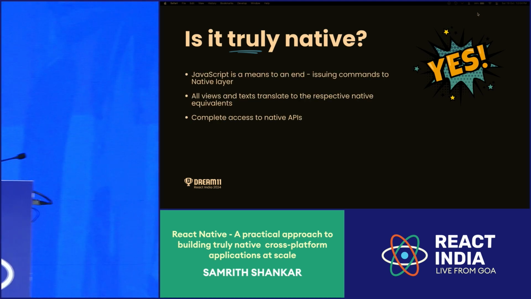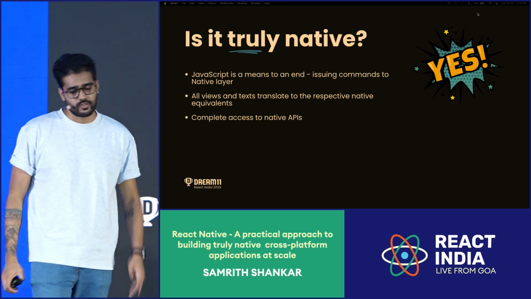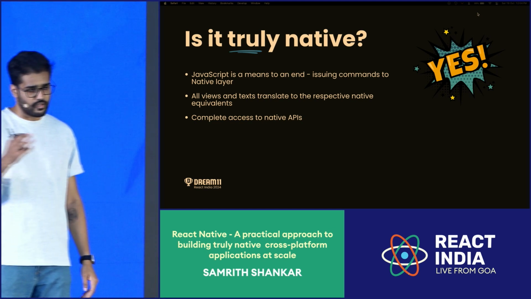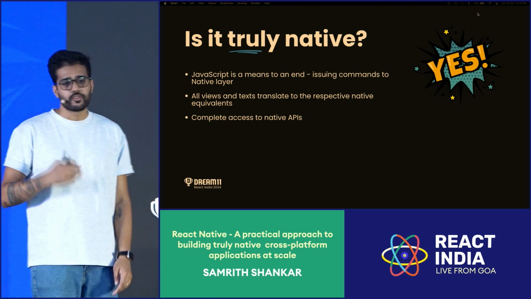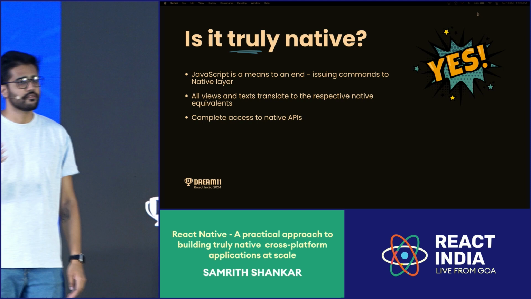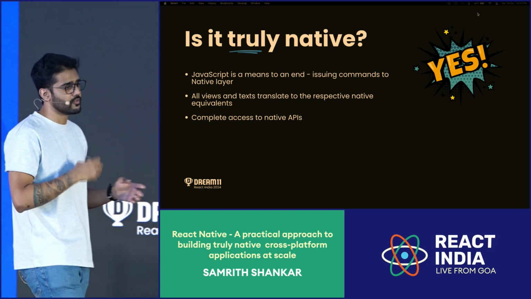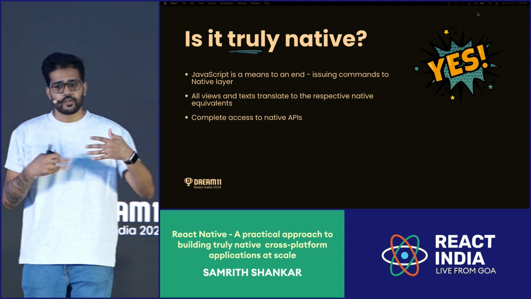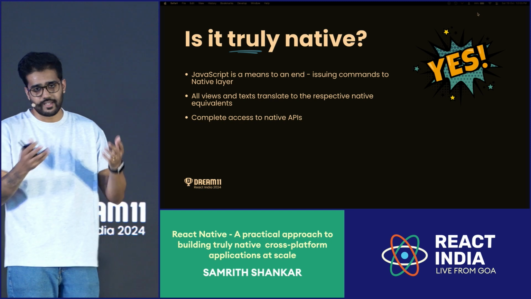In native, the way that we write apps is that you interface directly with the renderer. For example, for Android, you might use Java or Kotlin, and on iOS, you might use Swift or Objective-C. In React Native, you interface with the native renderers via JavaScript. So all of your user interactions and navigations are written in JavaScript, and all of your views are written using React.